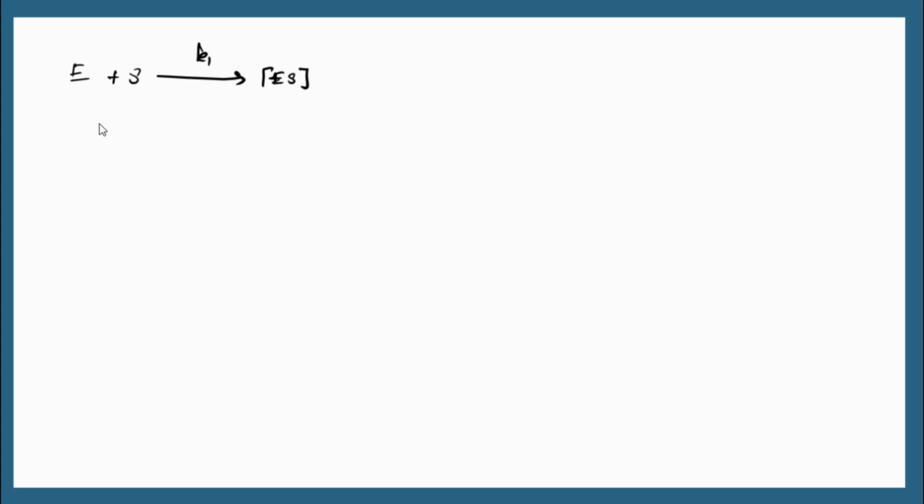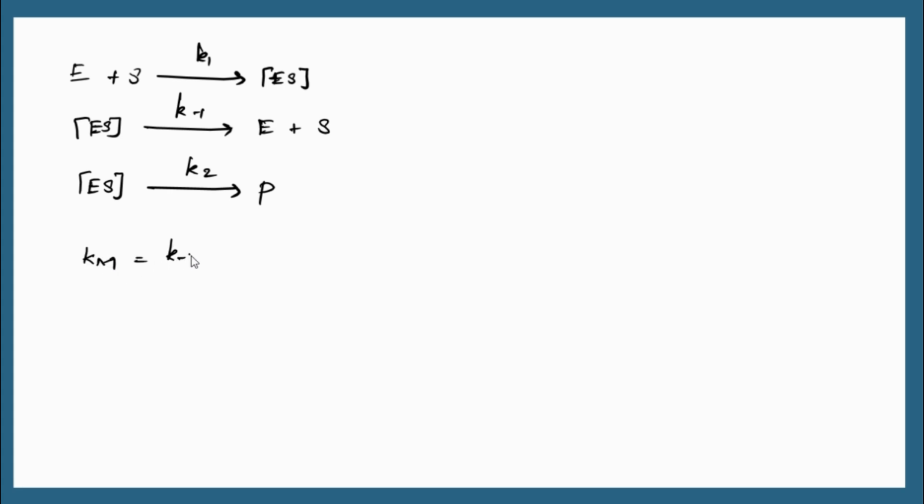And then ES is going to decompose to E and S. This is your reversible step. And then ES will also decompose to form your product. This is your k2 step. And Km is basically k minus 1 plus k2 by k1.